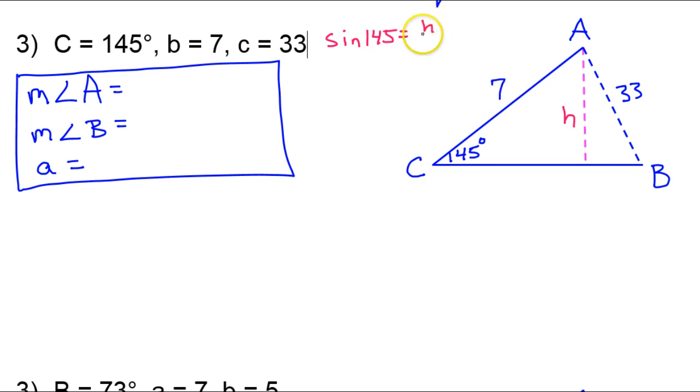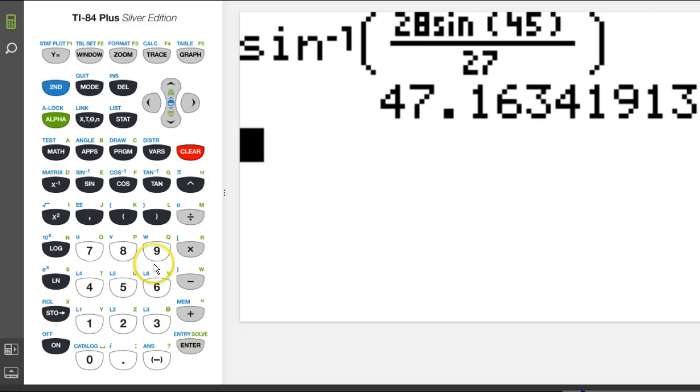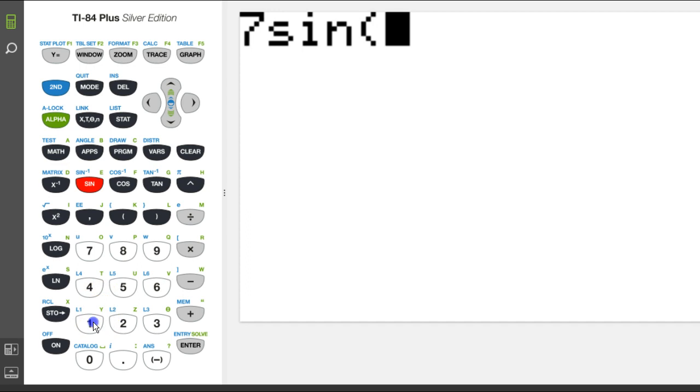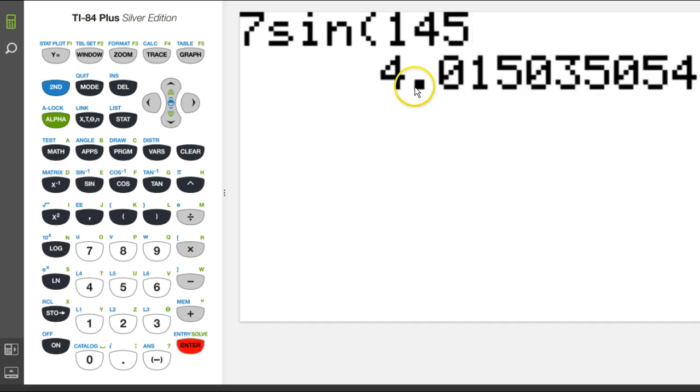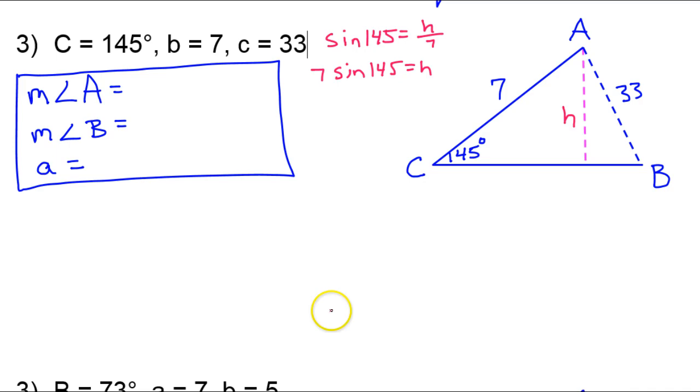So this will equal h over 7. If we multiply both sides by 7, then we will get 7 sine 145 is equal to that height. We can just put this into the calculator real quick. 7 sine 145. Okay, and we get 4.015. Okay, that's the height.